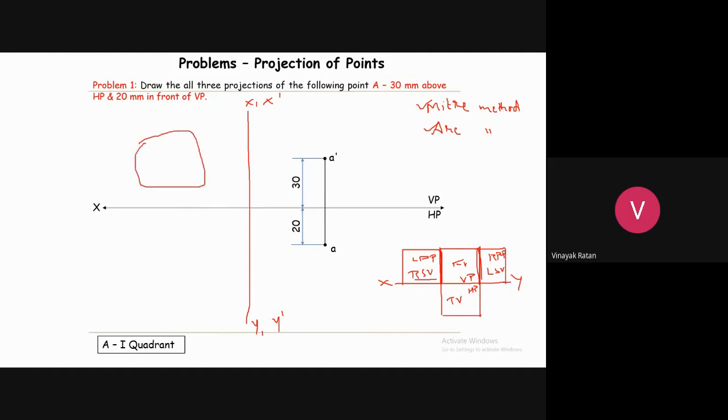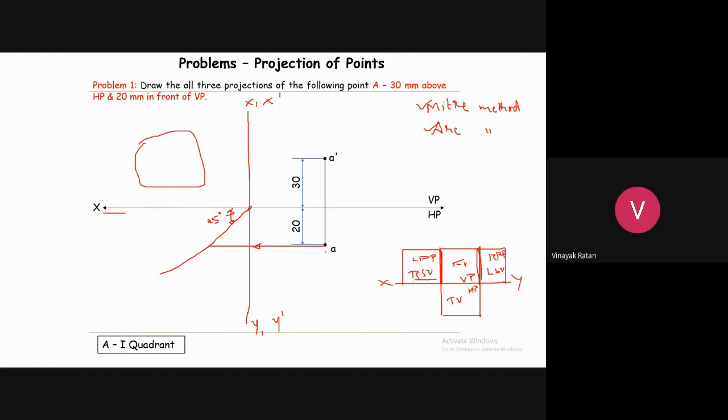Now from the intersection of the X1 Y1 line and the XY line, you have to draw a line at an angle of 45 degrees. Once you draw this, the next step is from the top view of point A, draw a horizontal line till this 45-degree line, and show the direction of projection.